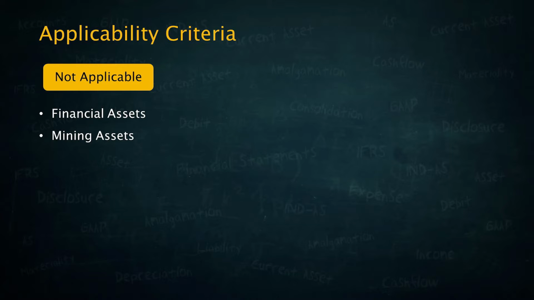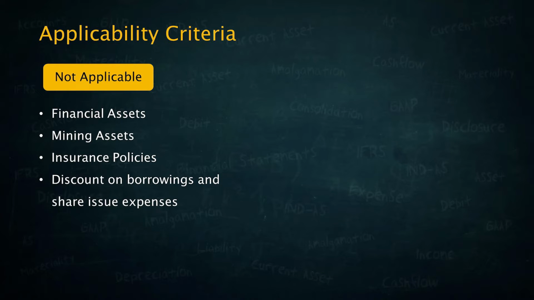Then this standard does not apply even to insurance policies. Similarly, discount on borrowings and issue expenses, share issue expenses we call them, public issue expenses or share issue expenses. For these, the accounting standard does not apply. Remember, whenever an accounting standard applicability or non-applicability criteria tells us that this accounting standard does not apply to these categories, mostly for those items there would have been another specific guidance given.